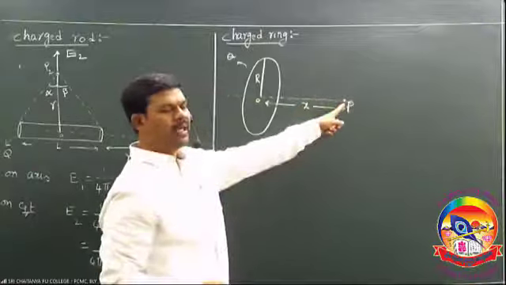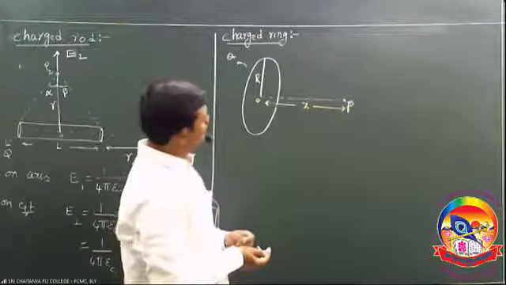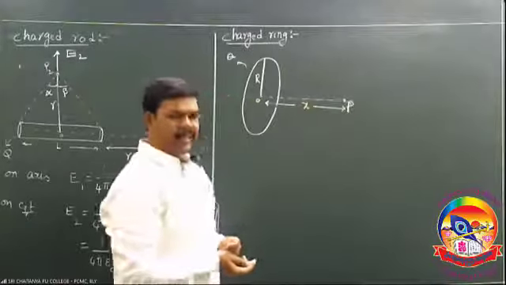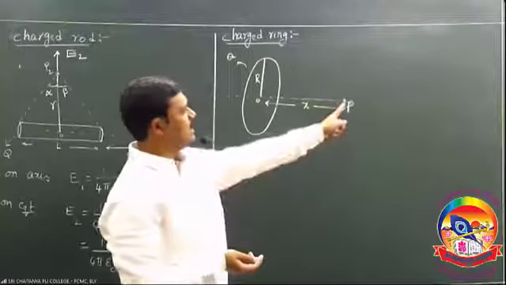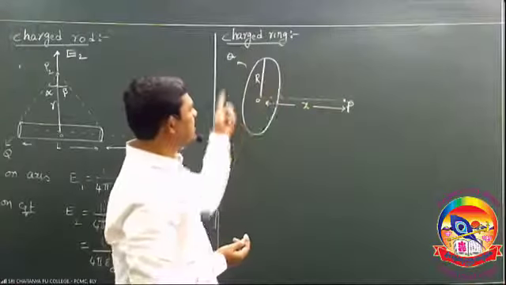This point P is at a distance X, right? You are asked to find what is the intensity at this point P due to this charged ring.